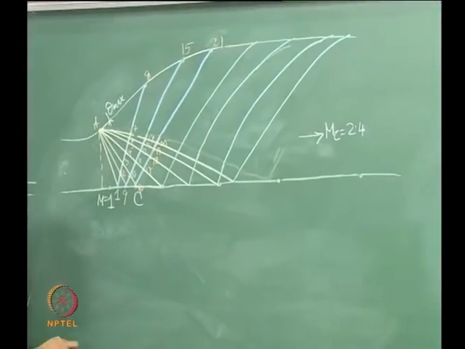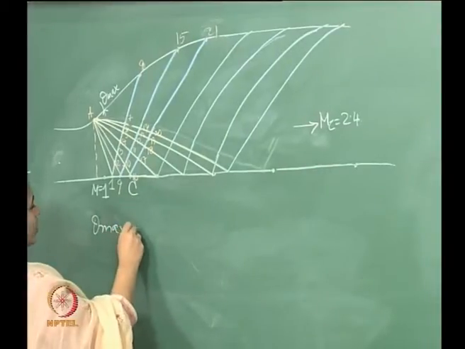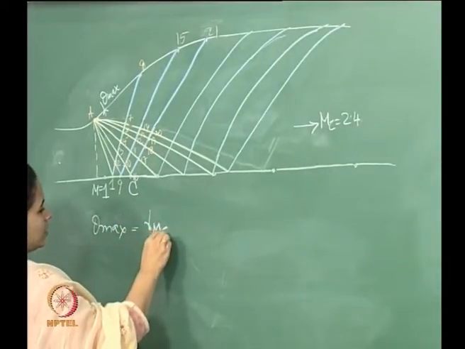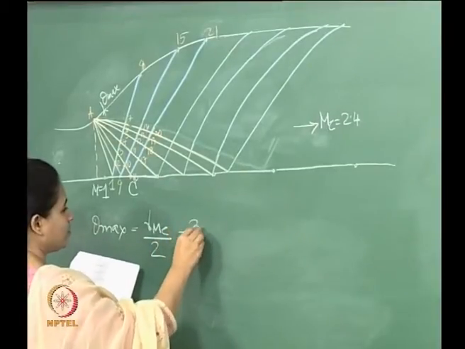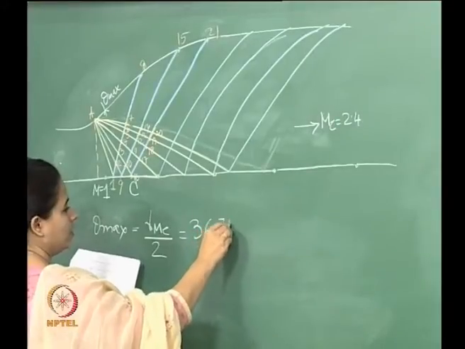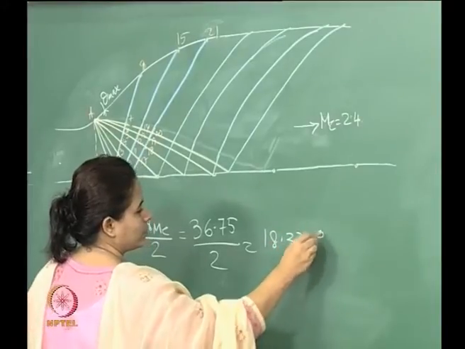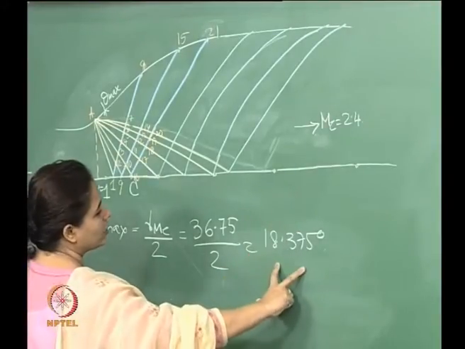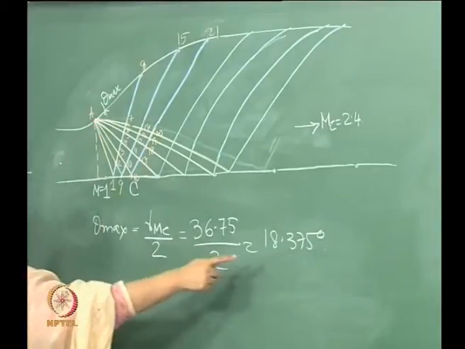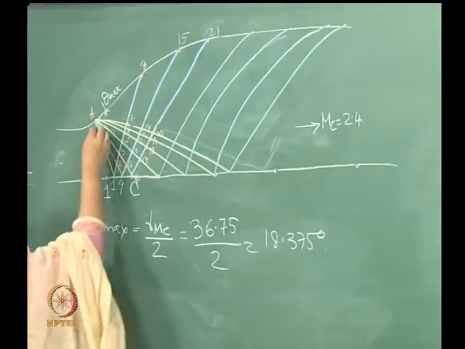Therefore I can find out my theta max, which corresponds to this, and what I get from here is this. Having found this out, theta max is essentially 18.375.